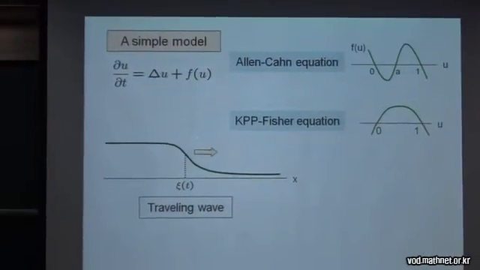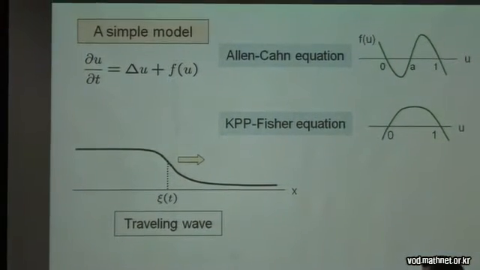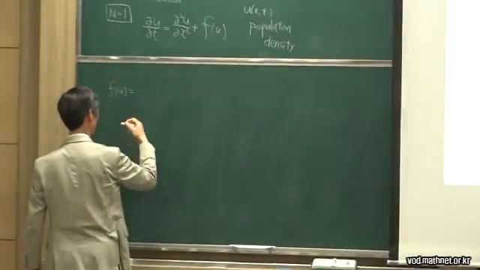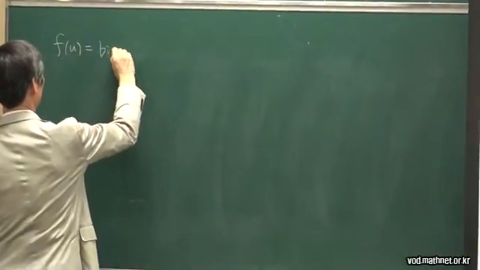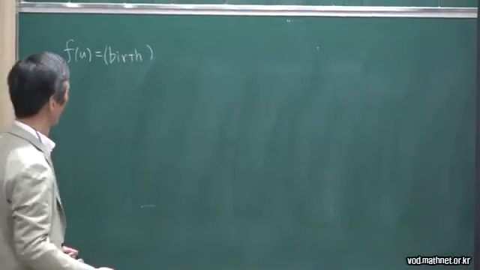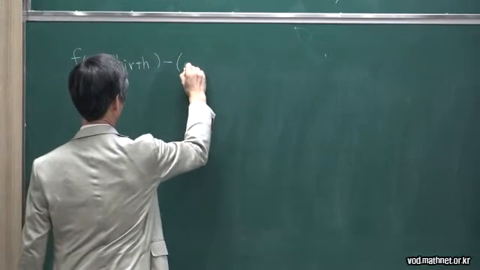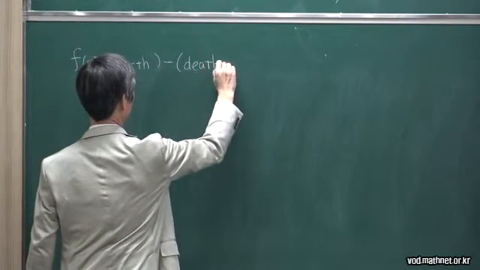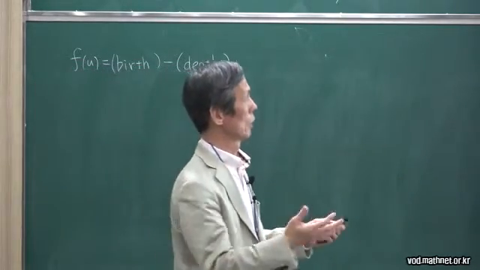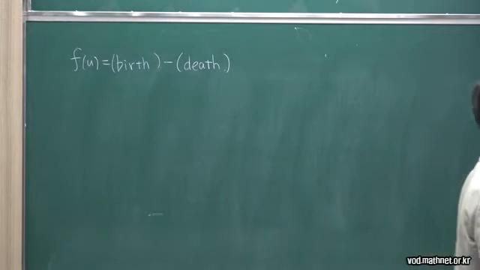So then f of u, in this context, is the birth rate minus death rate, roughly speaking, per unit time and per unit area or unit length.